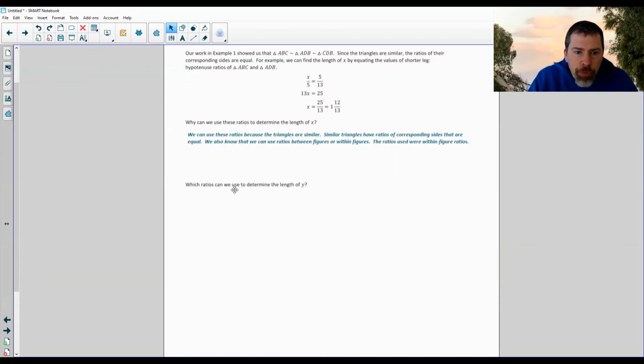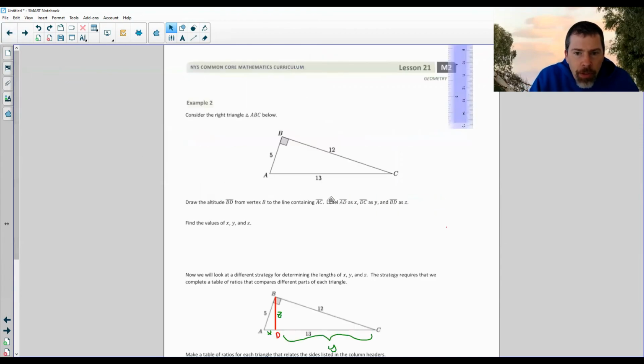And now it says, which ratios can we use to determine the length of y? We can equate the values of the longer leg to the hypotenuse ratios for these two triangles. So we're looking for y, and we're looking at CDB and triangle ABC.